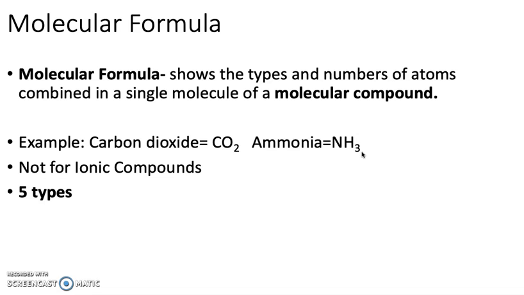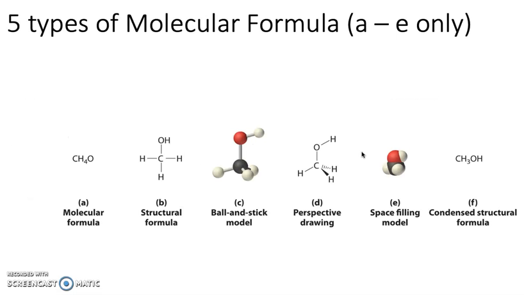And there are 5 types of molecular formulas. So let's take a look. So in your textbook, you need to know A through E. On this sheet, there's actually another one, F, we don't have to worry about. So here we have the molecular formula, structural formula, ball and stick model. This is where you have the little model kits and you put them together. Then you have perspective drawing, and then you have space filling model, which is usually done by computer software.